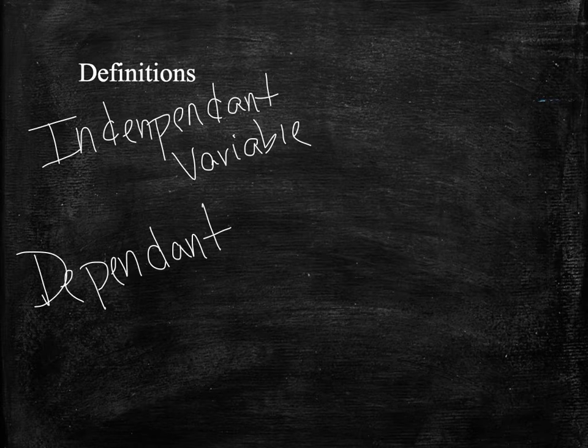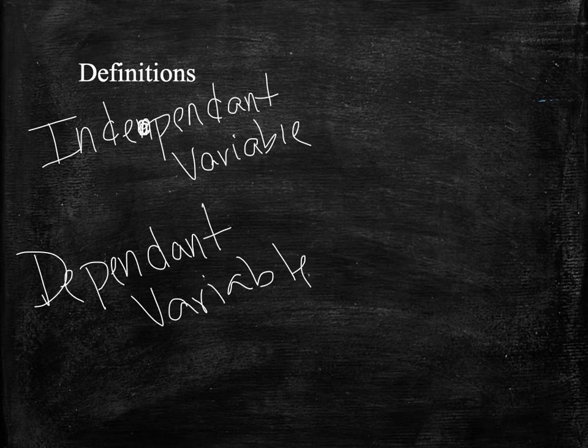I can see I actually made a spelling mistake right there. The dependent variable is the variable whose value is determined by the input value of another variable. So oftentimes our input variable is x and our output dependent variable is y, but you'll see there are tons of different examples. We oftentimes in algebra write it like this, but independent variable, you can choose that value. Dependent variable is dependent upon the input variable.